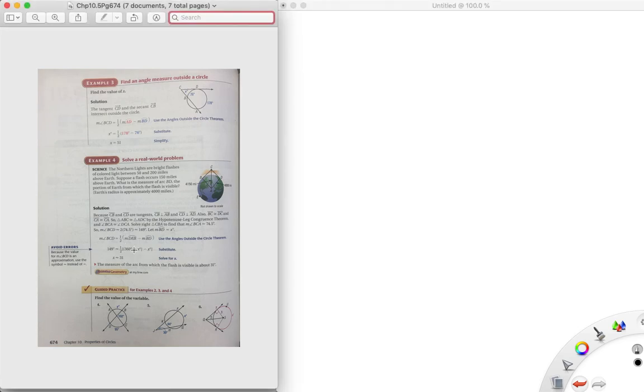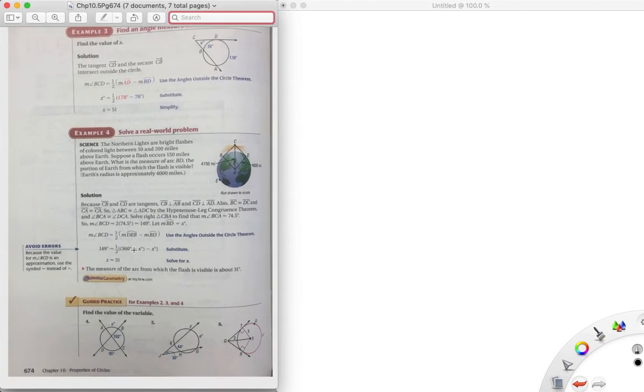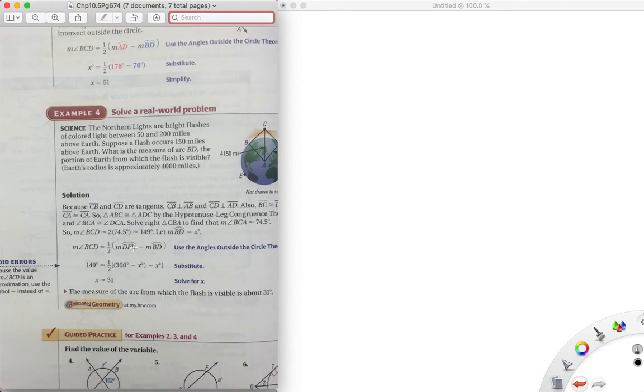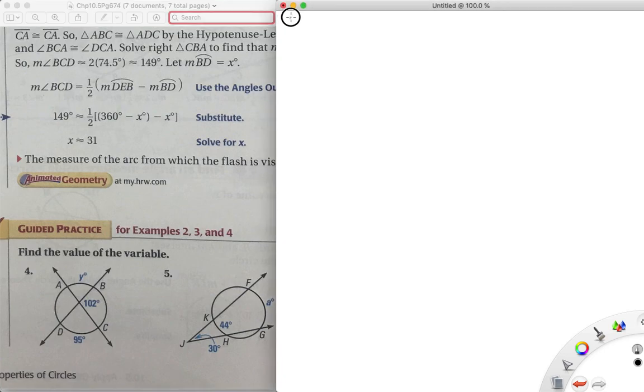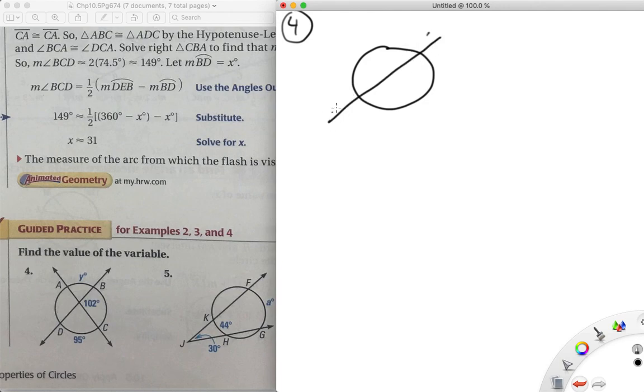Okay. So if you look at number four rather, we have a circle, we have some intersection inside of the circle. I'm going to call this guy over here Y. This arc over here is 95.